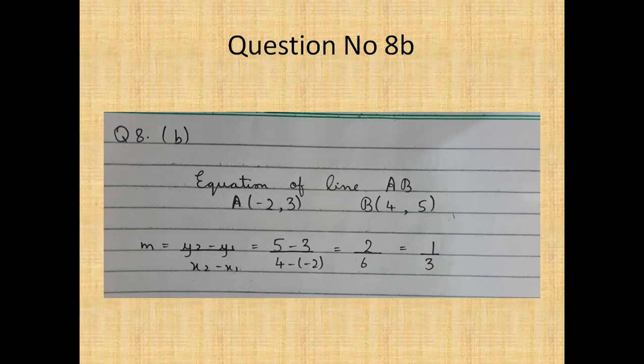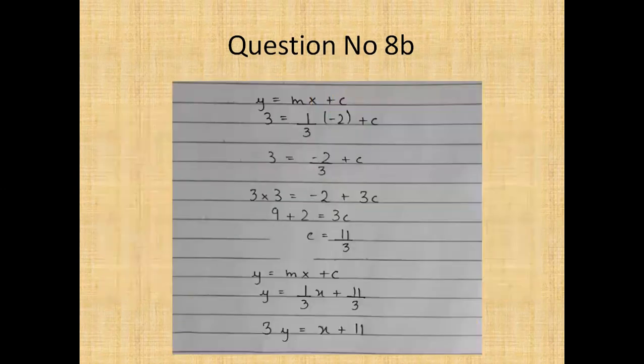Once you know the gradient, then I can apply the formula y equals mx plus c. You can apply this formula, or you can use the other method, y minus y1 equals m bracket x minus x1. But let's do y equals mx plus c. Using one of the points and the m value, 3 equals 1 by 3 bracket -2 plus c. So the y-intercept value will be 11 by 3.